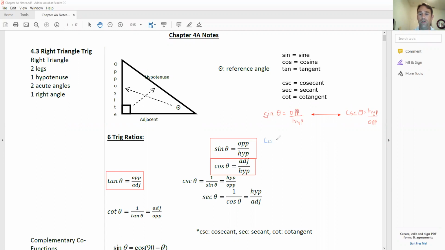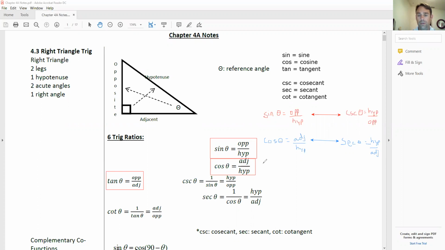So we have cosine of theta, and cosine of theta is adjacent over hypotenuse. It also has one of these reciprocal functions, and that would be secant. SEC would be hypotenuse over adjacent. We're just taking the values and flipping them upside down.